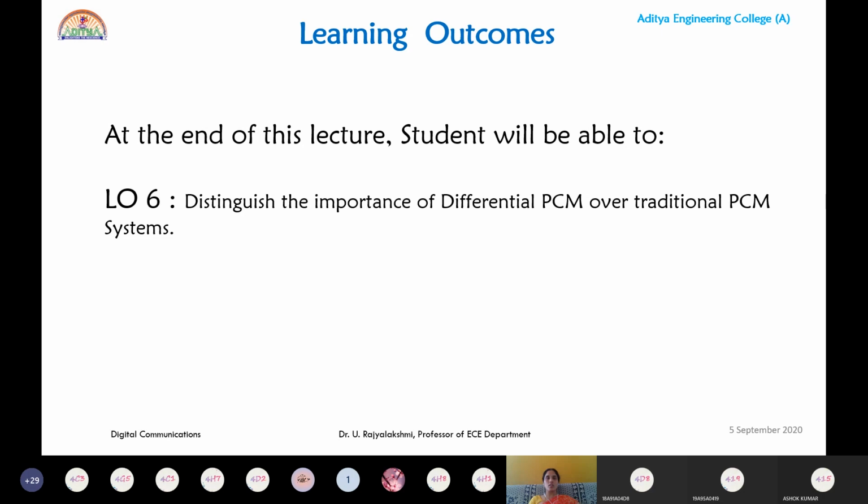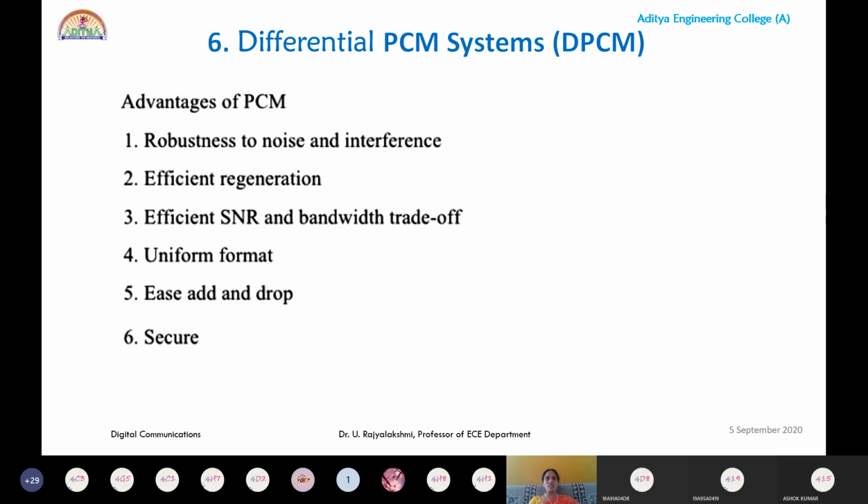That is the learning outcome of module 6, which is differential PCM. So we have the PCM system, and why are we going to opt for differential PCM, and what is the basic difference between differential PCM and traditional PCM? Let us see the advantages of PCM. We know PCM has a lot of advantages. So what are the advantages?